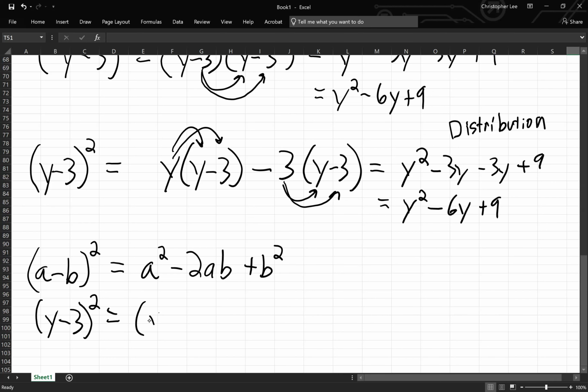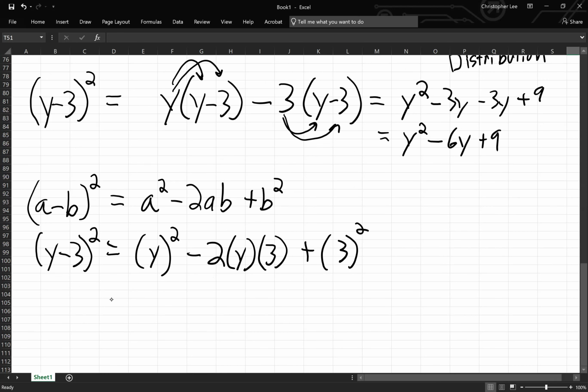It's going to be y squared minus 2 times a, right? What's my a? It's the y, right? Times b, what's my b? 3, plus my b squared. I'm sorry, I didn't mean to write that. 3 squared, right? We do the math on this. What do we get? This is y squared minus 2, right? Let's just multiply this. 2 times 3 is what?